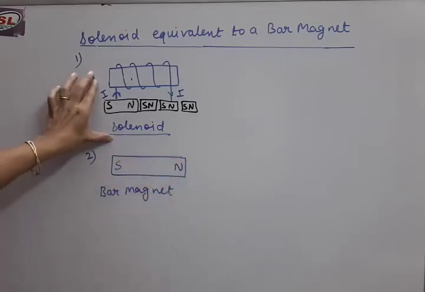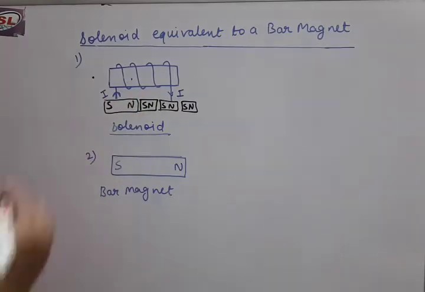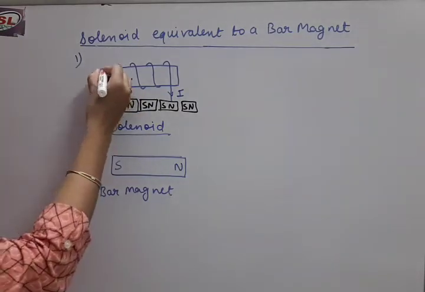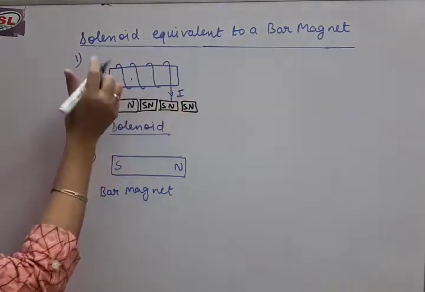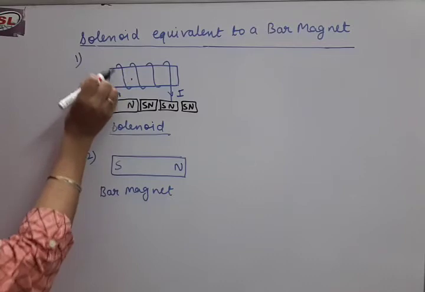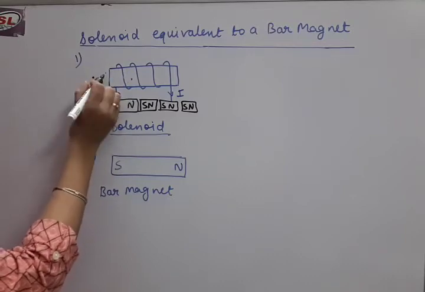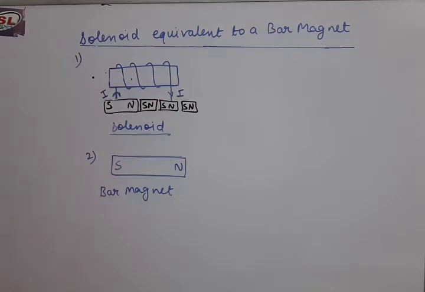So this way a solenoid actually represents a bar magnet, because each solenoid's front face and back face are two opposite poles. Which pole, south or north, is decided by the current direction. So opposite poles are always present at the two ends of the solenoid.